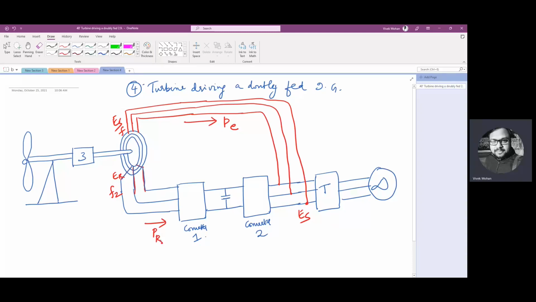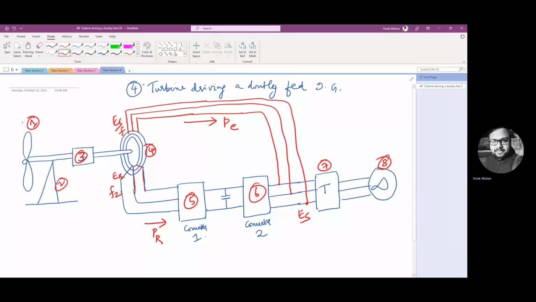Now let's mark it 5, 6, 7, 8, 4, 3, 2, 1. Here this shows a wind turbine driving a wound rotor induction generator, which is number 4, by way of a gearbox, which is number 3.